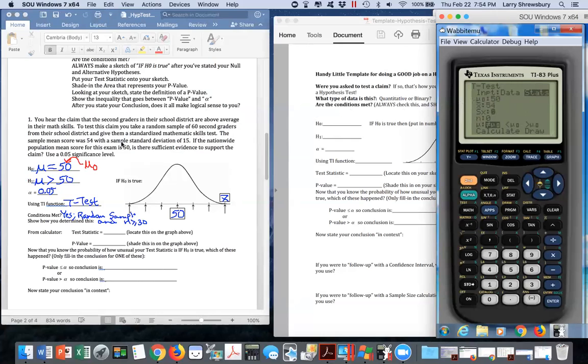And hopefully you should also know the sample standard deviation, you're comfortable with that being 15, and really comfortable with the sample size. That's 60. So you know what the 54, 15, 60 represent, and you can almost deduce, well, the only thing left is the 50. Then hopefully you get comfortable with the idea that, yeah, that is the hypothesized value.